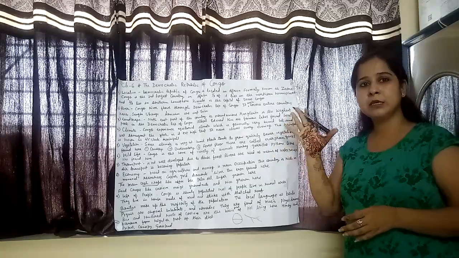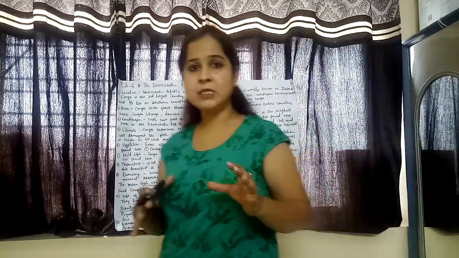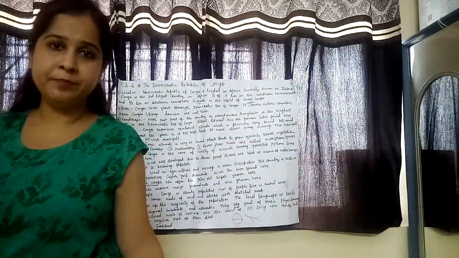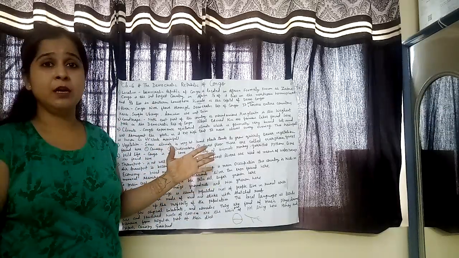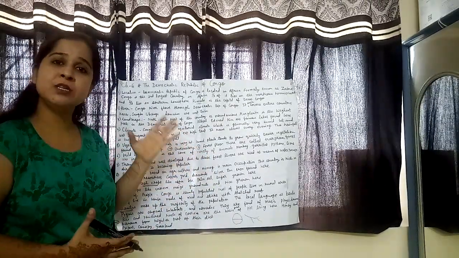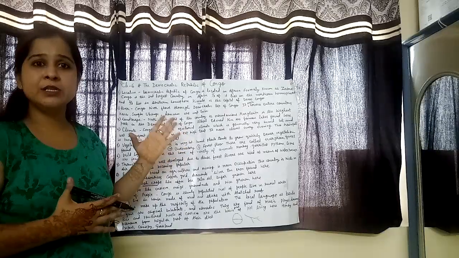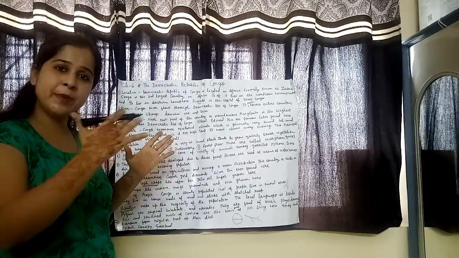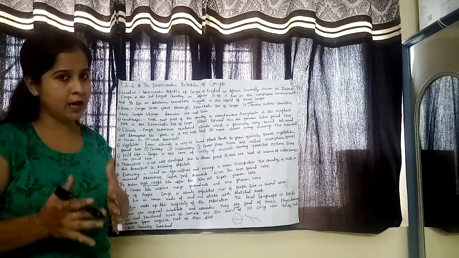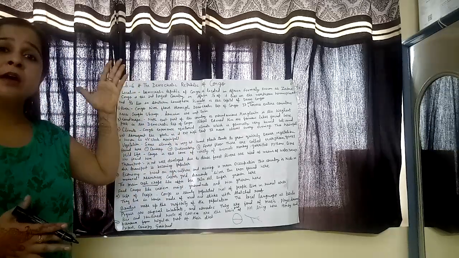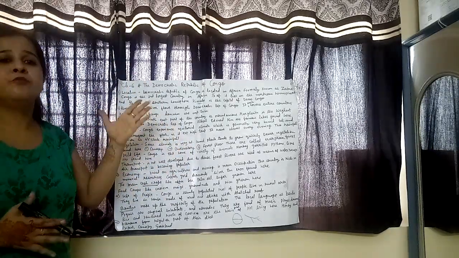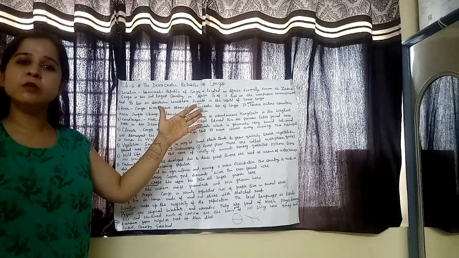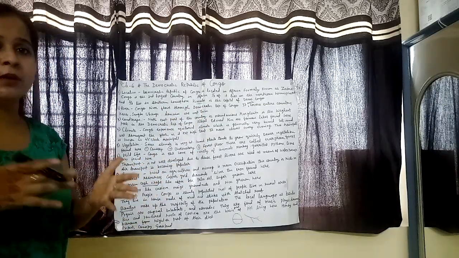Climate is the condition of a place for a long period of time. It is not daily changing, as weather is daily changing. Weather is a condition of a place which changes day by day, and it can change hour by hour. But climate is a condition of an atmosphere which takes a long time to change, like summer, winter, rainy, monsoon.